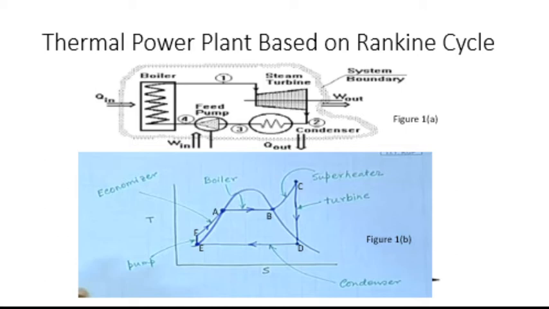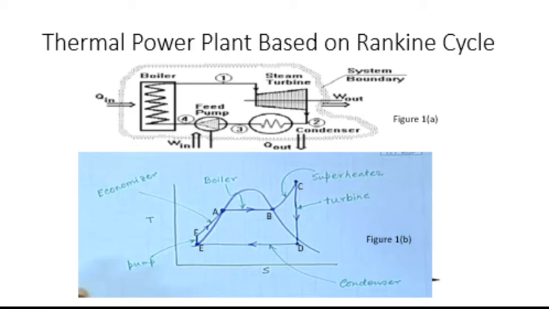After extracting the heat, that steam will not be of much use, so we will not release it into the environment, because it is going to increase the global warming of the environment. So what we will do is feed it back into a condenser. There it will be cooled and converted again into water, but at a low pressure, because temperature is being reduced, so pressure will be low.